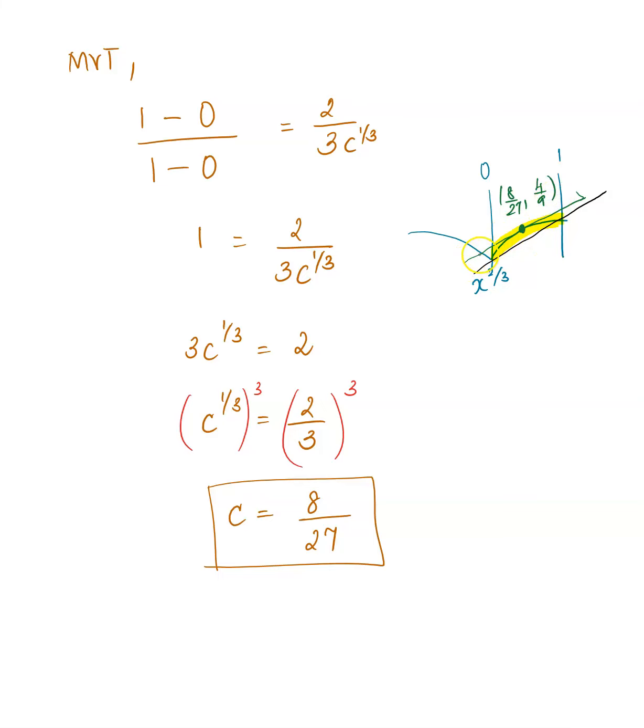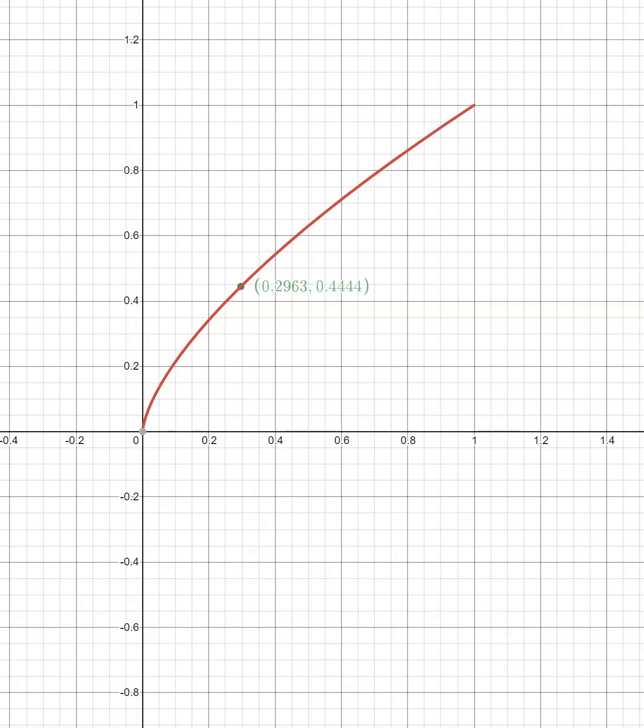So if you draw a tangent line through that point, that tangent line and this secant line will be parallel to each other. And that's what I have here. Okay, so if you have the graph like this from just the 0 to 1 portion of x power 2 over 3, if you connected 0 and 1, if you draw a tangent line through this green point, they both will be parallel.